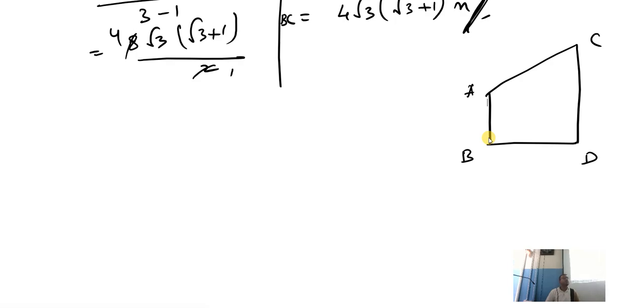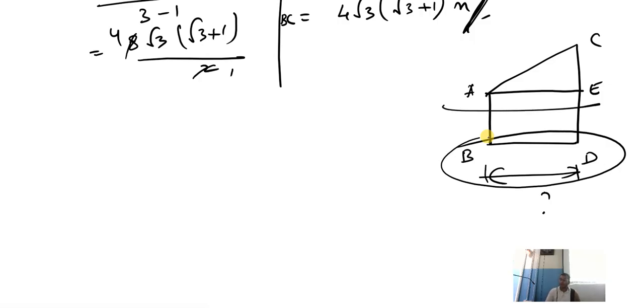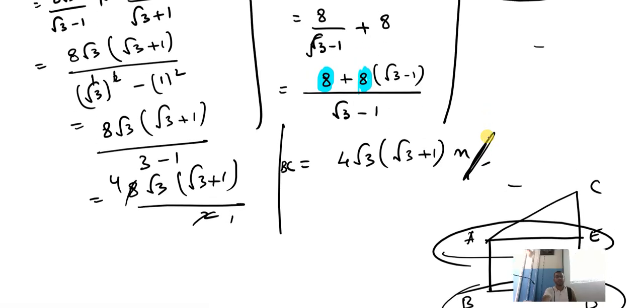I will erase this. Let me keep a plain figure. This is my diagram. Now they are asking us to find the value of BD. This is the distance, right? Either you take BD or you take AE. Both are same. Now come back to our previous equation 1 and 2. Where is the AE or BD value? See here.